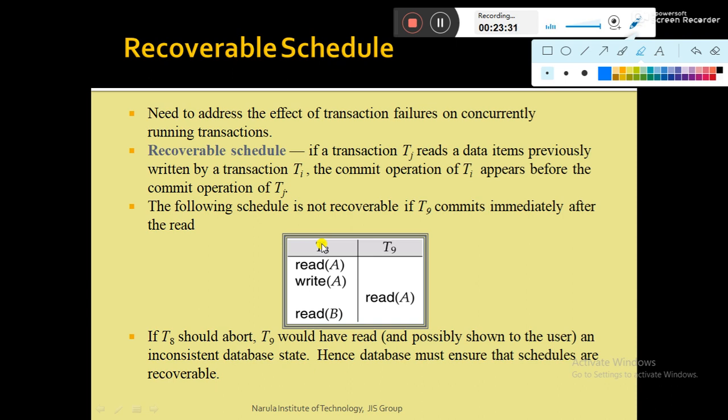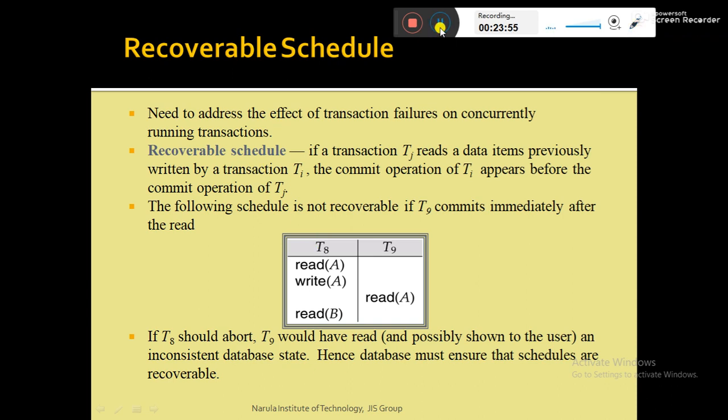Undoing the effect means we have to restore the database to the previous state it was in before the transaction started executing. So this is the simple case. If the system executes only one transaction, we just have to roll back.